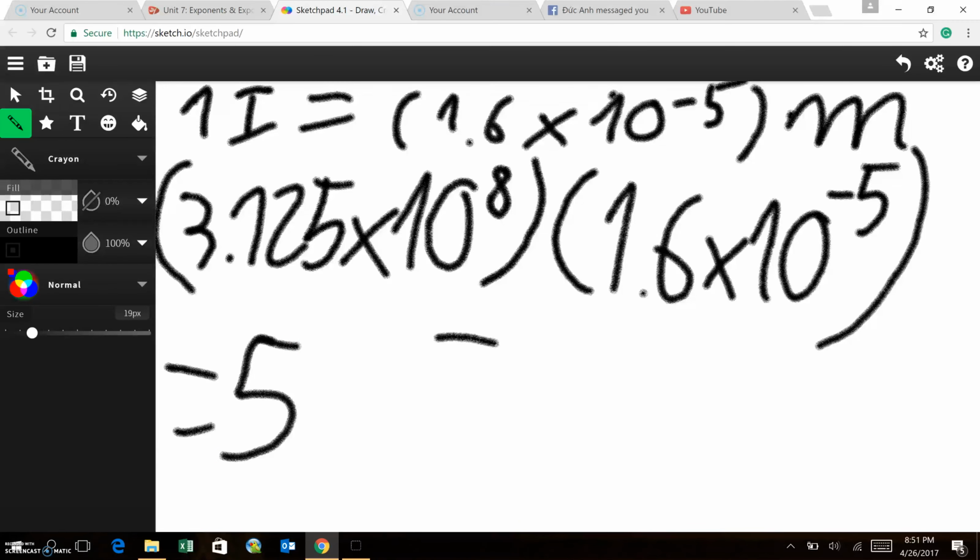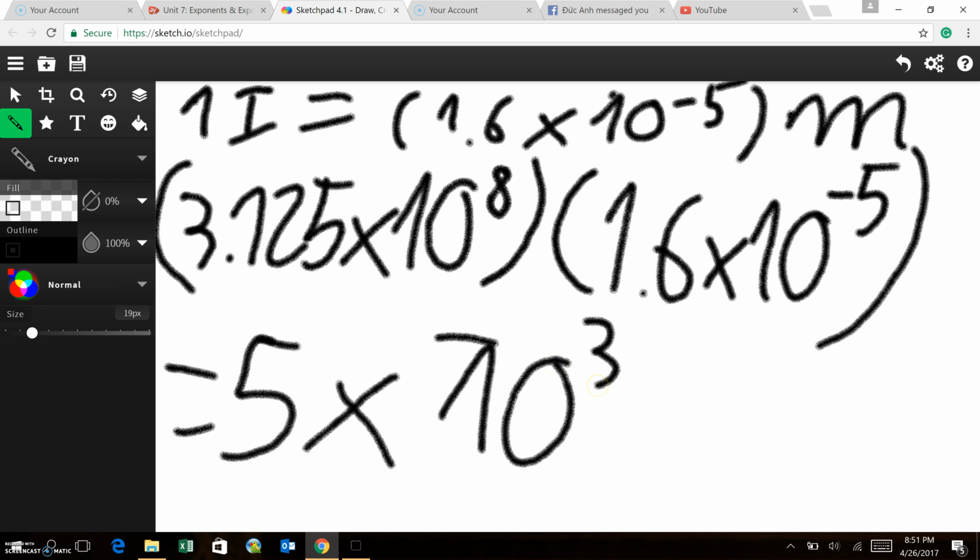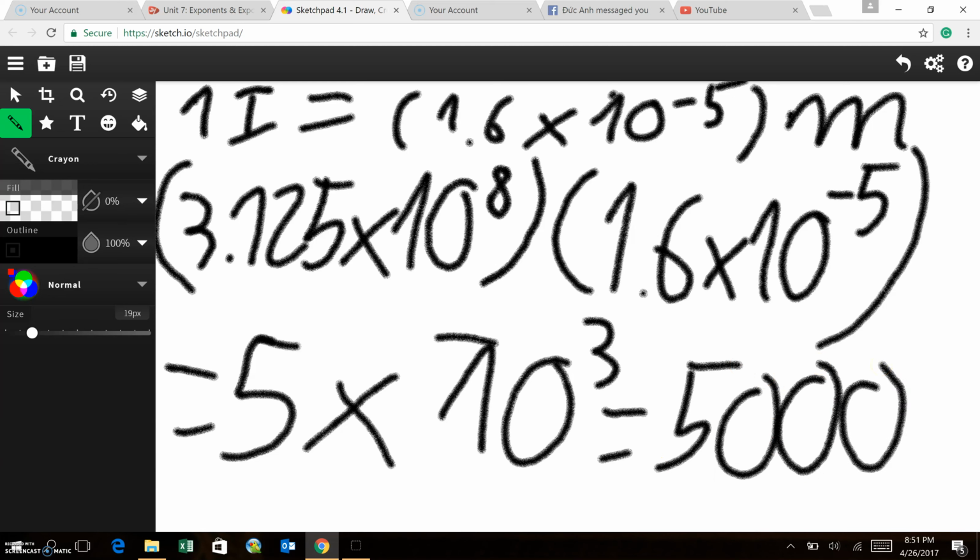And now we're gonna use the product rule, which is we take this exponent plus -5. So 8 plus -5 is 3, so 10 to the power of 3. So this is the answer for question A, which is 5,000 miles.